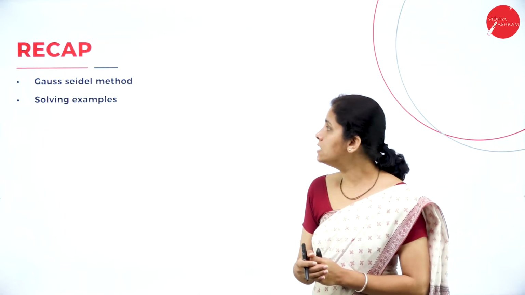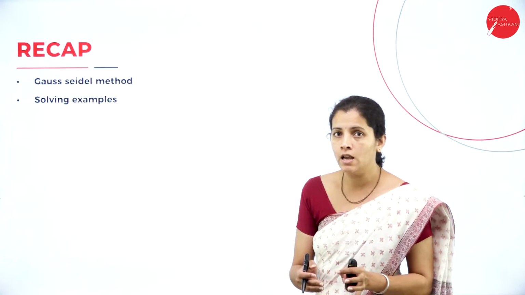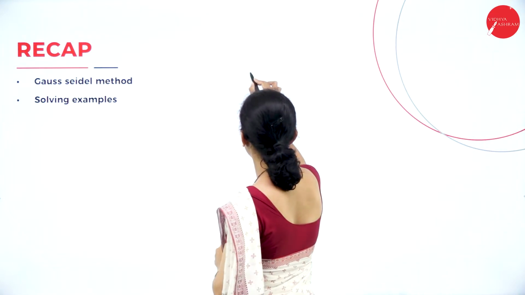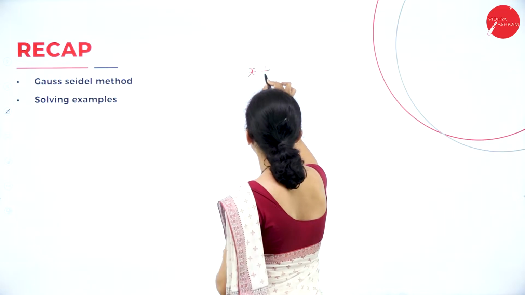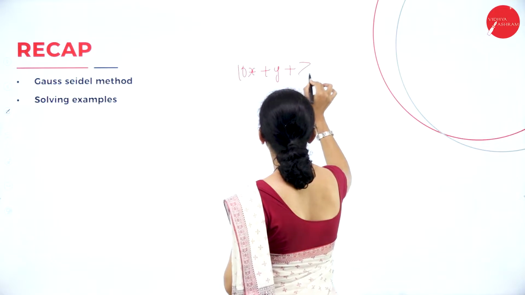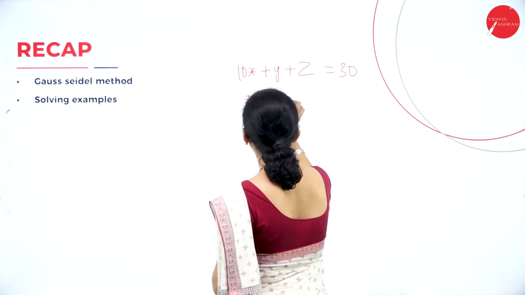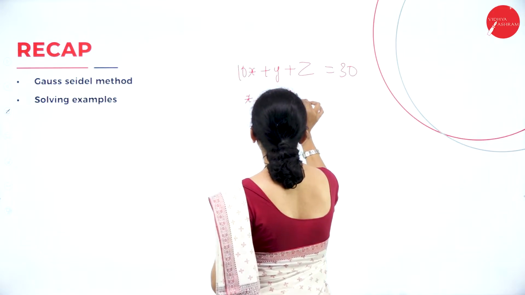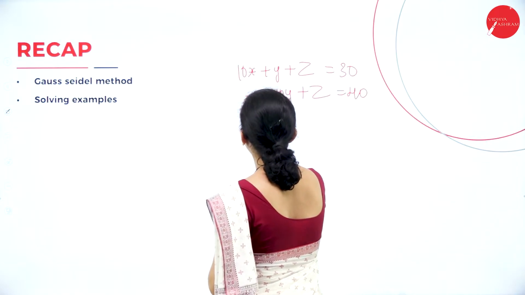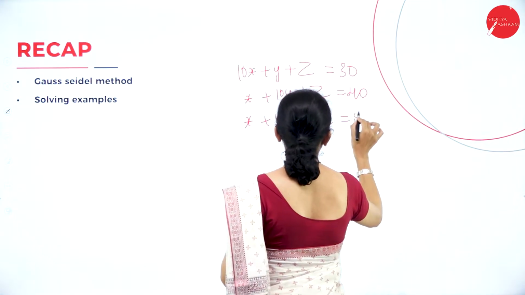So dear student, here Gauss-Seidel method is mainly used to find the approximate solution. And in this method, we are going to get the linear equation. For example, 10x plus y plus z equal to 30, then x plus 10y plus z equal to 40, then x plus y plus 10z equal to 50.